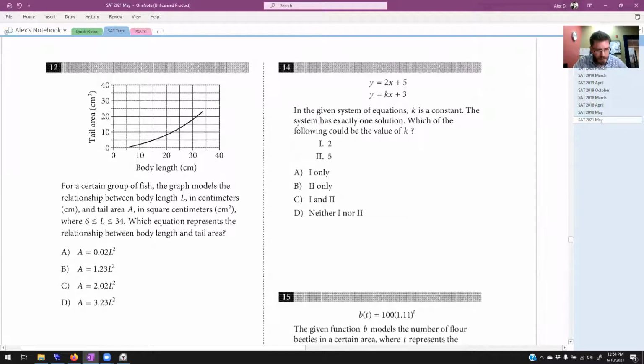Which equation represents the relationship between body length and tail area? Okay, this is similar to a question that we saw in another test recently where they had a quadratic of some kind, but they didn't really give you much to go on. So body length increases, tail length increases exponentially. And they're looking for the rate of increase. This is kind of a new thing.